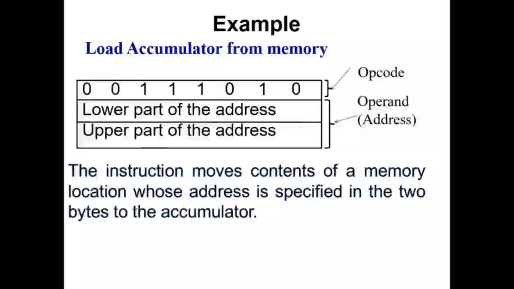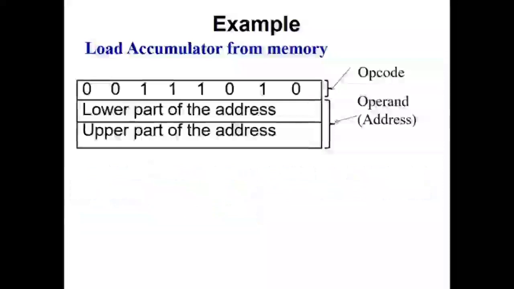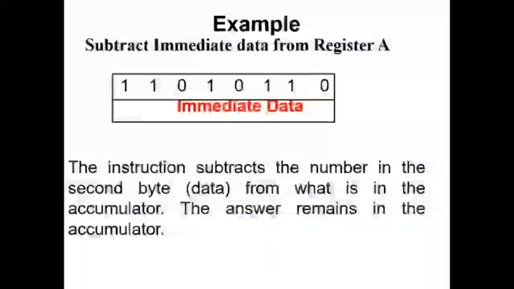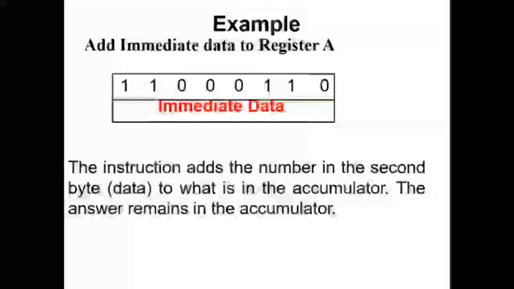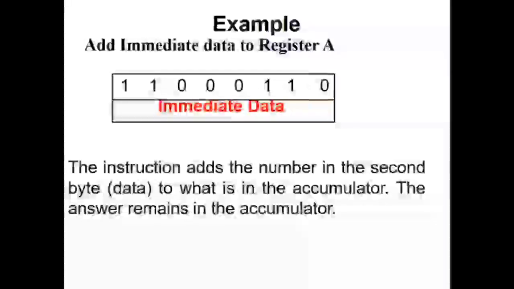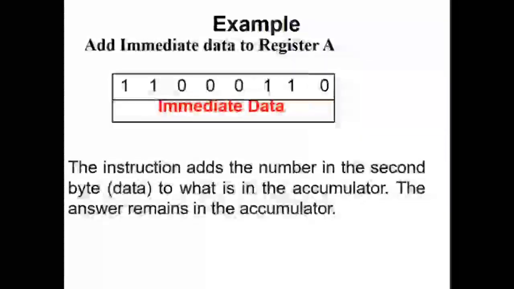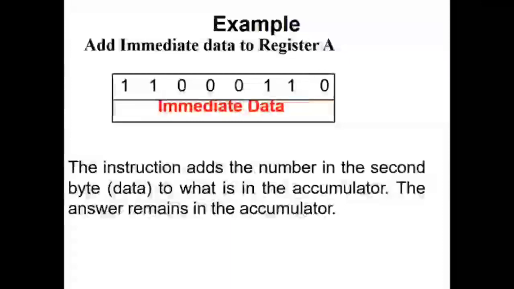Then we add the immediate data 5. We use the format for adding immediate data. The format for adding immediate data, you remember, is C6, and then we mention the immediate data. The immediate data is 5. So whenever we add, the answer is in the accumulator.